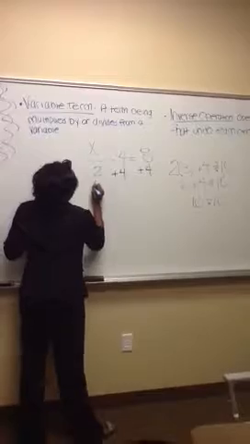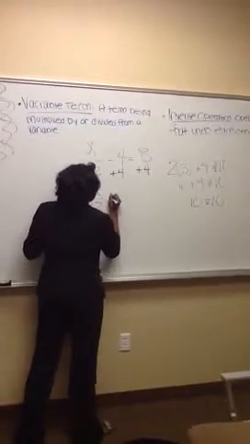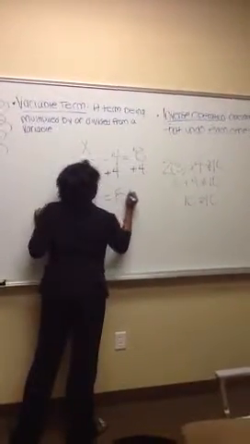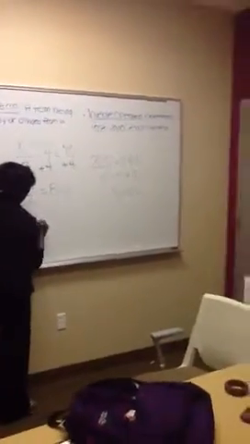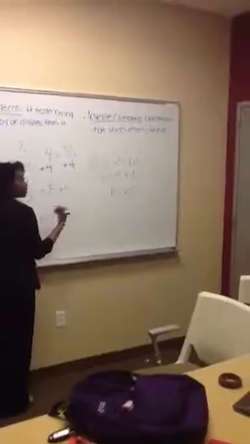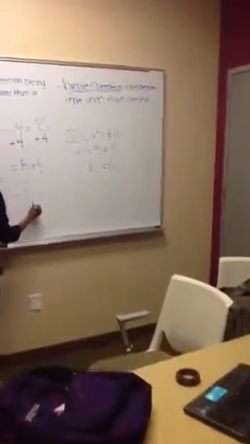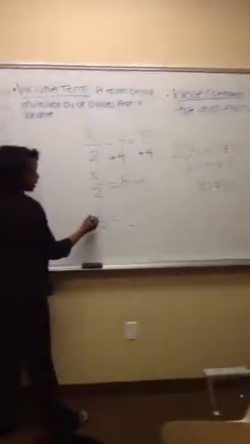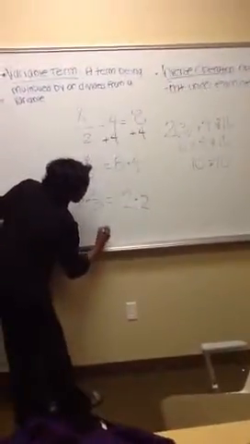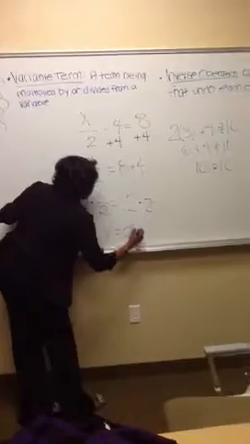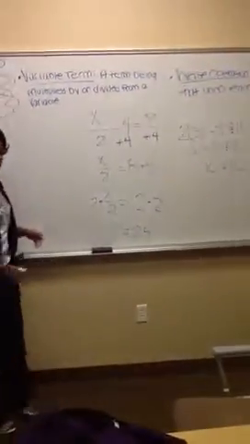So then we get x over 2 is equal to 8 plus 4. X over 2 is equal to 12. Then we have to multiply each side by 2. So x is equal to 24. Does that make sense, class?